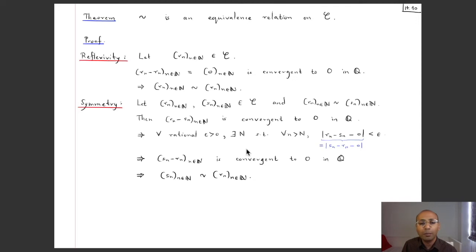But then you have that for every rational epsilon positive, there exists an index such that beyond that index the distance of Sn minus Rn to 0 is less than epsilon. In other words, the sequence Sn minus Rn is convergent in Q with limit 0. But that's the same as saying that Sn is related to Rn. So whenever Rn is related to Sn, also Sn is related to Rn, and so the relation is symmetric.